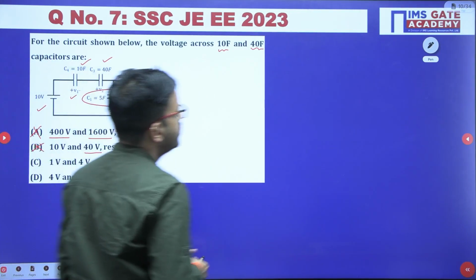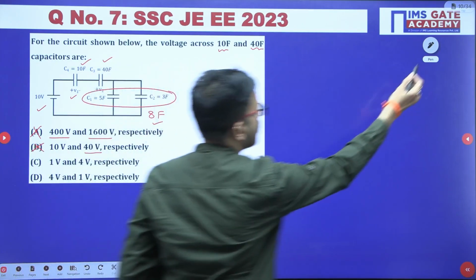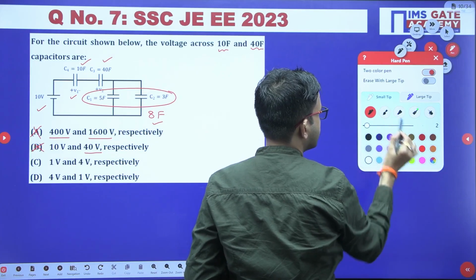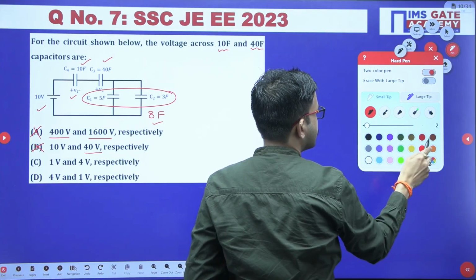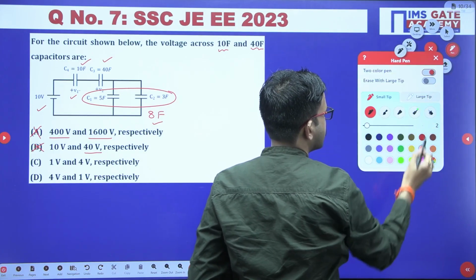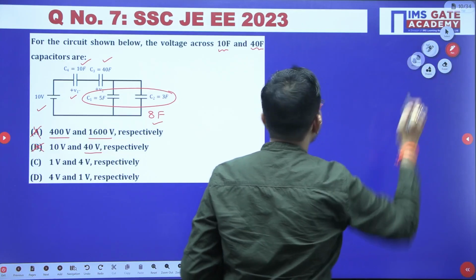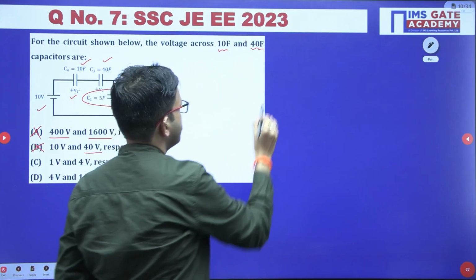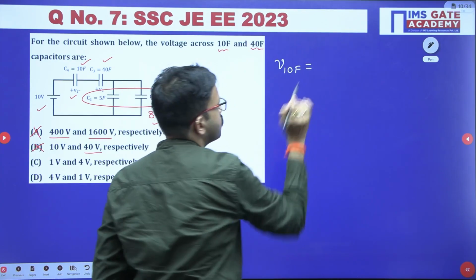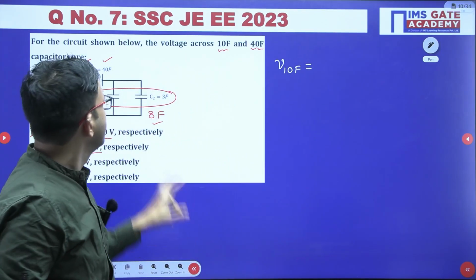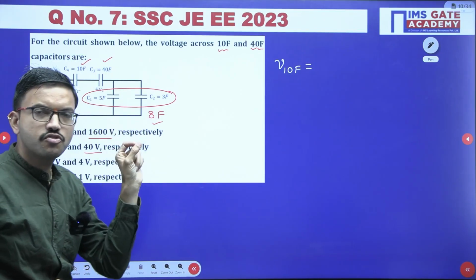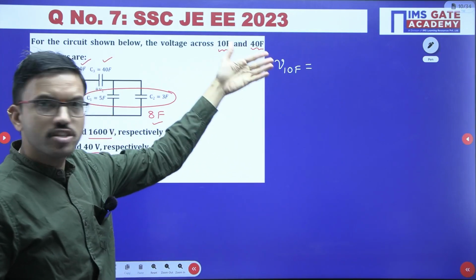Voltage across 10 farad is nothing but, whenever elements are connected in series, across whichever element you want the voltage, that particular impedance will come into the numerator.